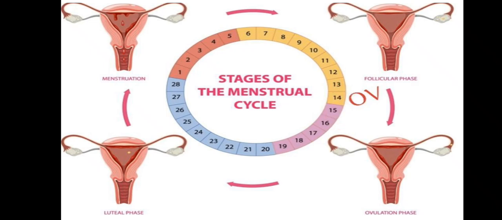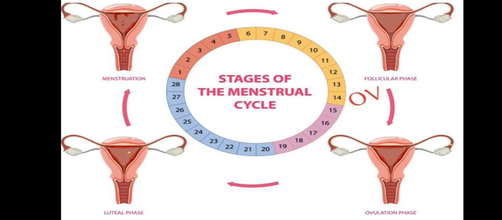After ovulation, we call this follicle the corpus luteum. That's why we say the luteal phase, because luteum simply means yellow. We call that follicle the corpus luteum after ovulation because it looks yellowish. So that follicle is the one that will be influencing what's happening in the ovaries from day 15 up to day 28.